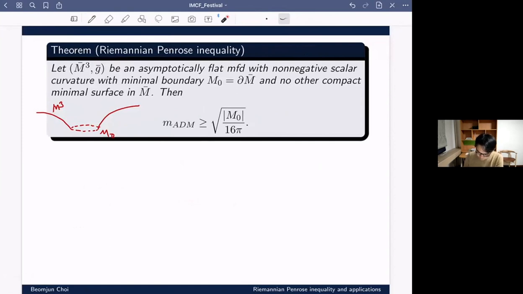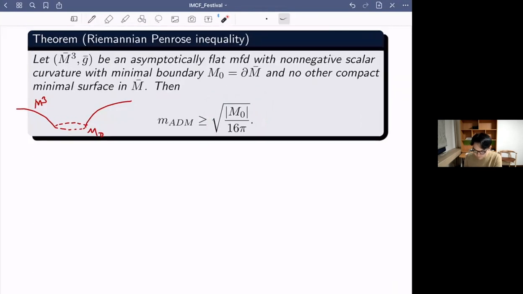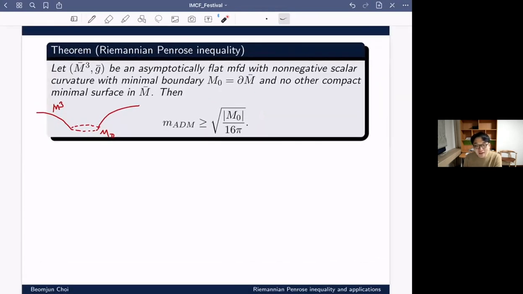So the inequality says the ADM mass has to be at least this quantity on the right-hand side. And as you see from the previous slides, equality happens for the Schwarzschild metric. So the Riemannian Penrose inequality is to show this, and equality holds if and only if the manifold is Schwarzschild.